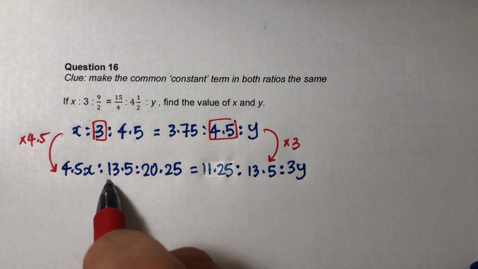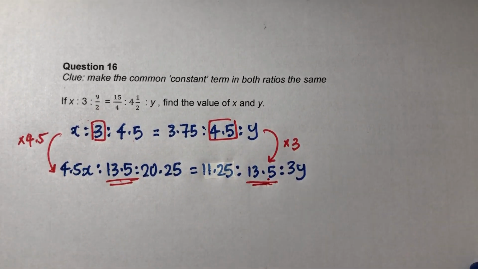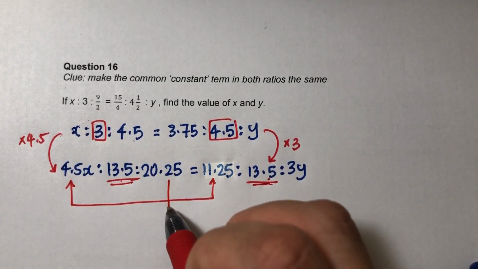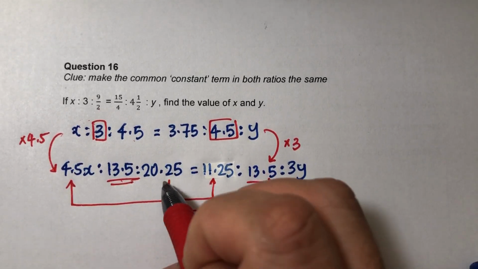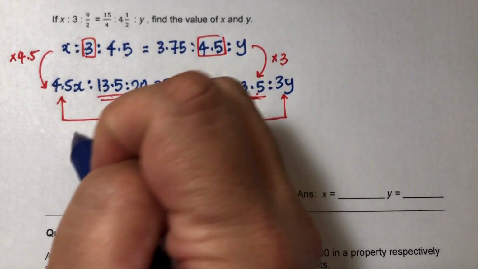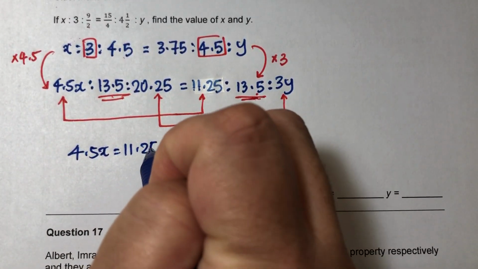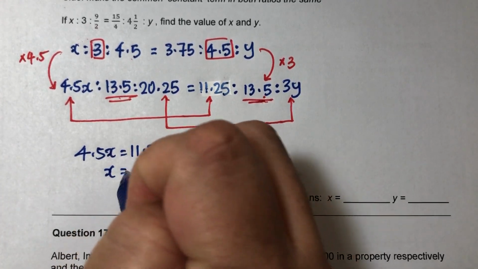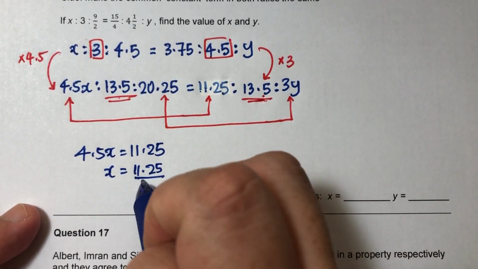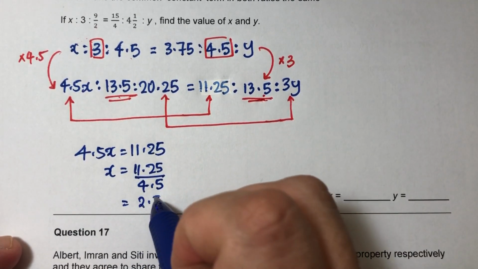Okay, back to solving. So you see, over here, these two terms are exactly the same, which means these two are exactly the same, and these two will be exactly the same. So we write 4.5x equal to 11.25, and so x is equal to 11.25 out of 4.5, which gives us 2.5.